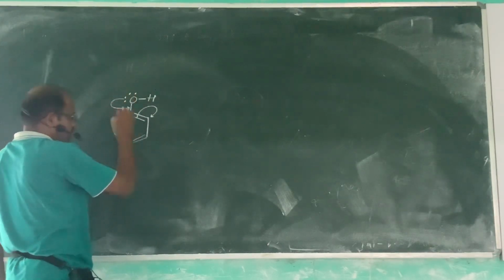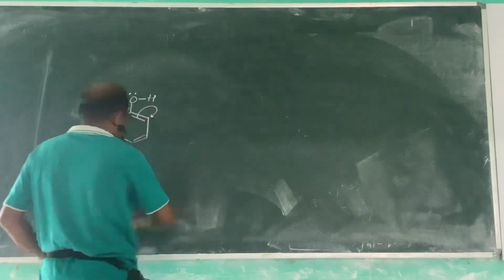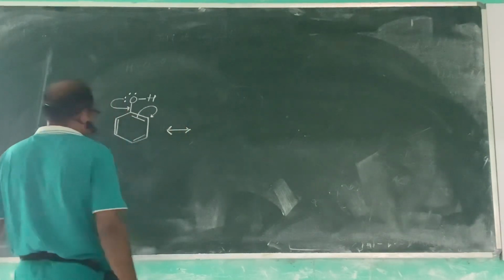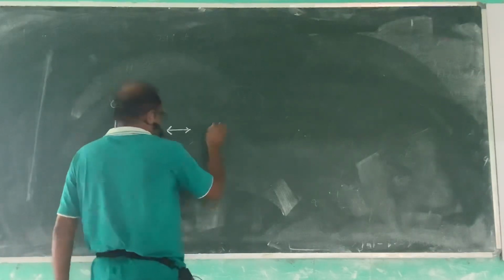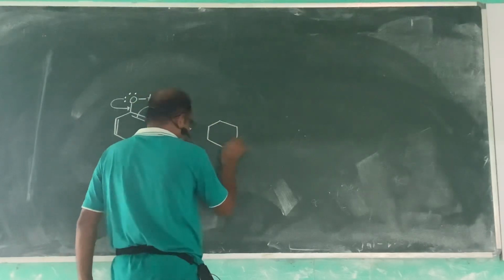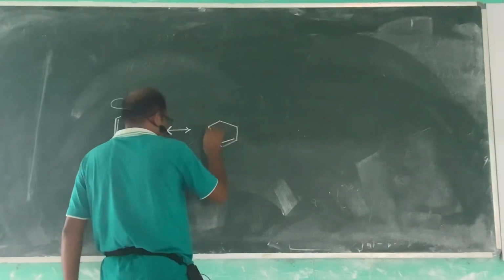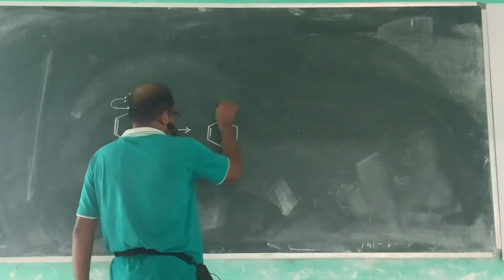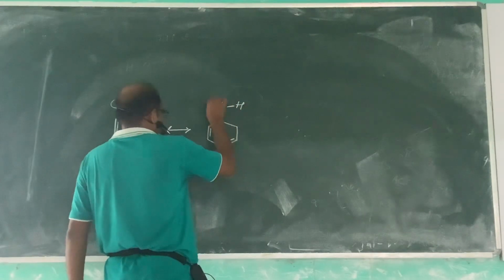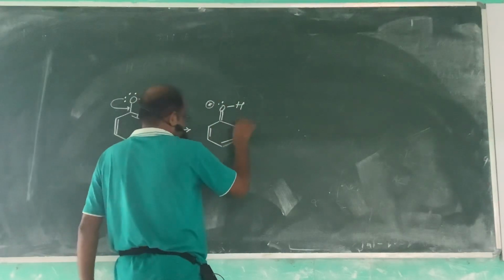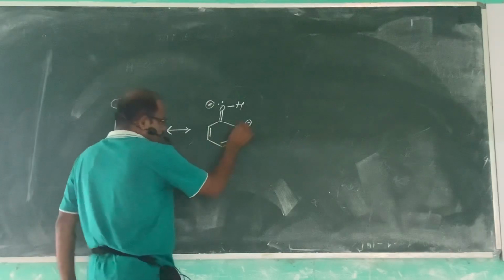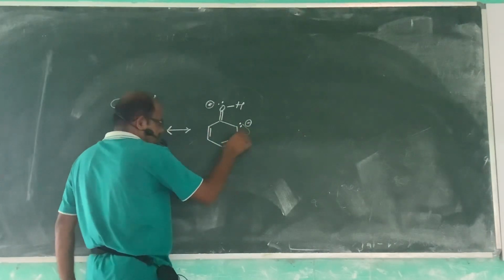That means when electrons shift from oxygen to the carbon atom, we get another structure of phenol, where the oxygen atom acquires a positive charge and the carbon atom acquires a negative charge. Again, this pair of electrons is shifted into this position.